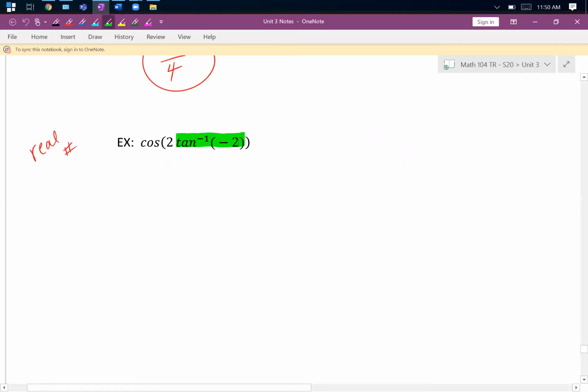So like this right here just spits out some angle. Say that's theta. So that means that what they're asking us for is cosine of 2 times some angle theta, where theta is equal to tan inverse of -2.